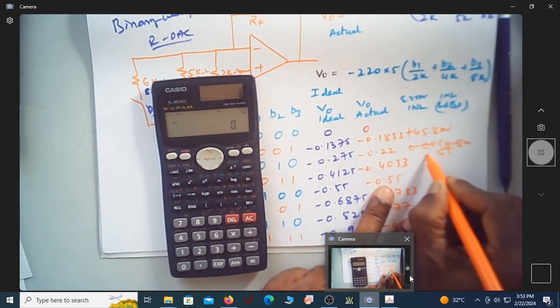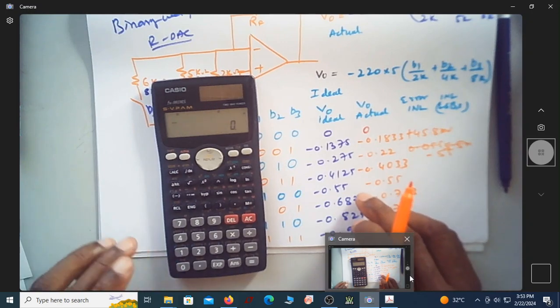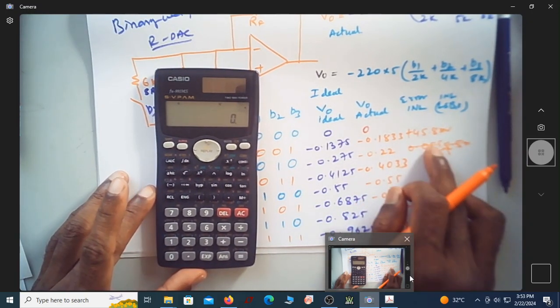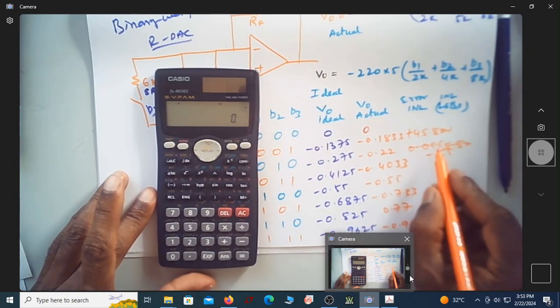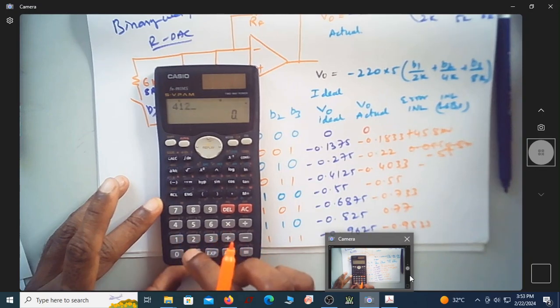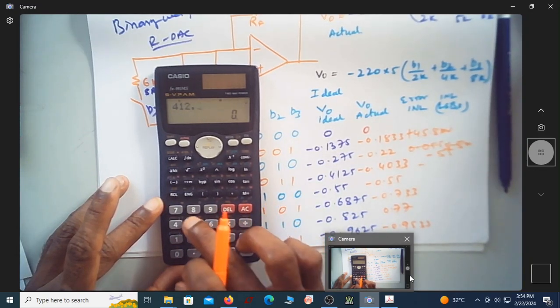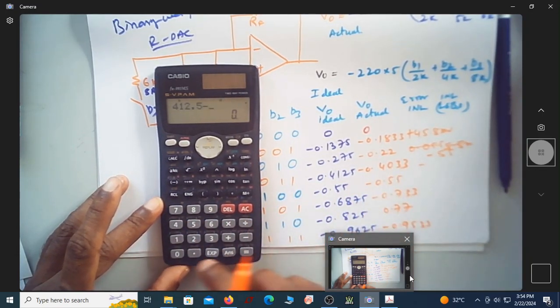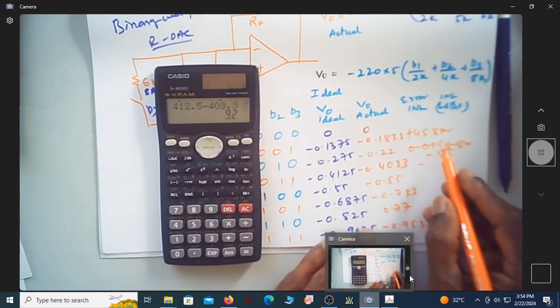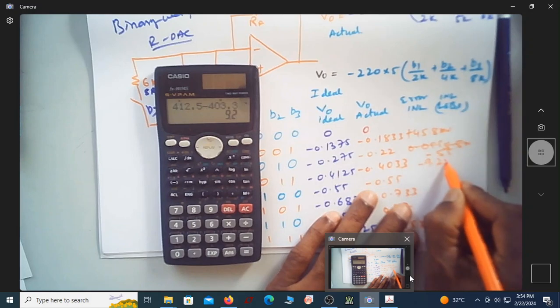Here the error is minus 55 millivolt, because you are overestimating. Here you are underestimating. Here also you are underestimating, which is nothing but 412.5 minus 403.3. It's actually 9.2 millivolt.